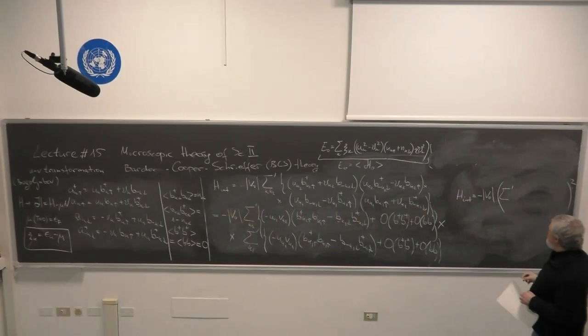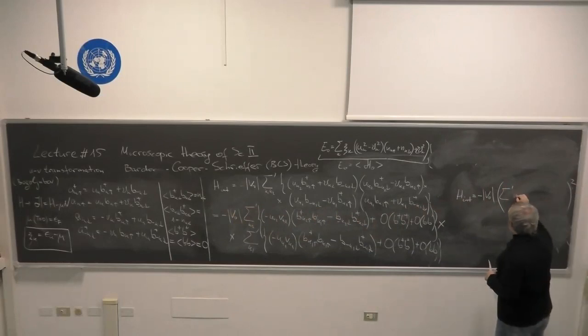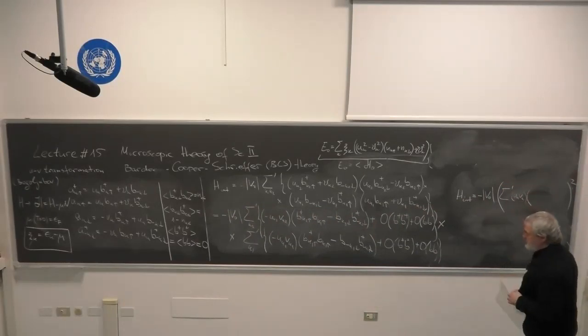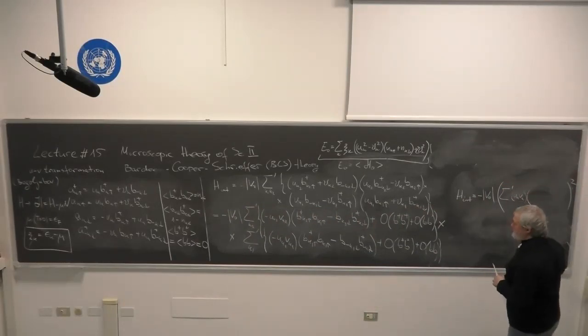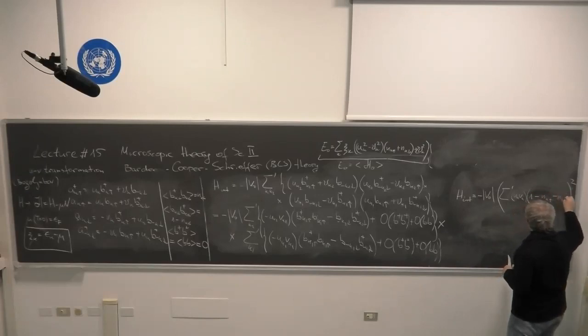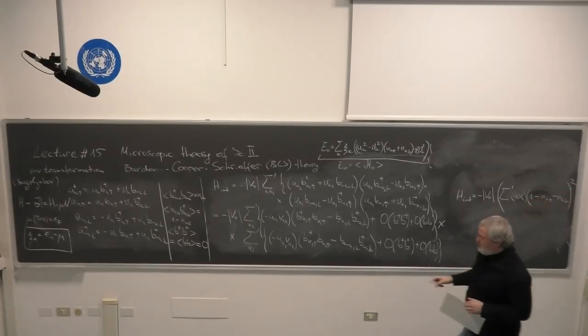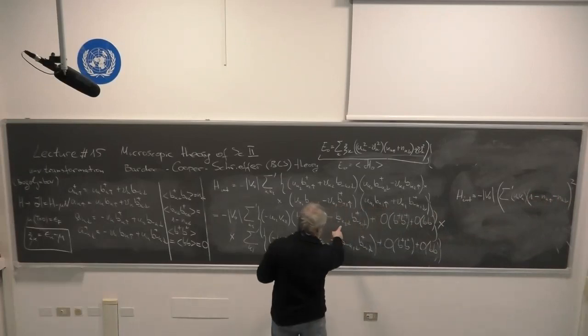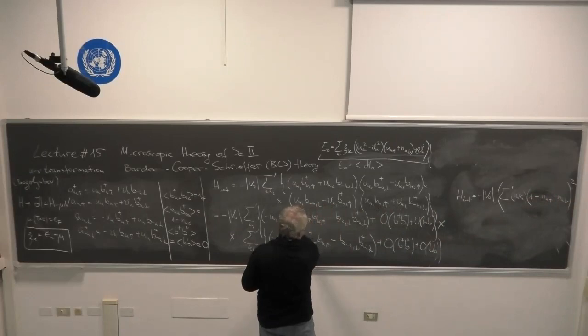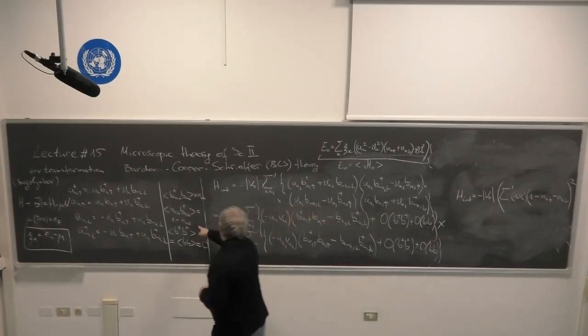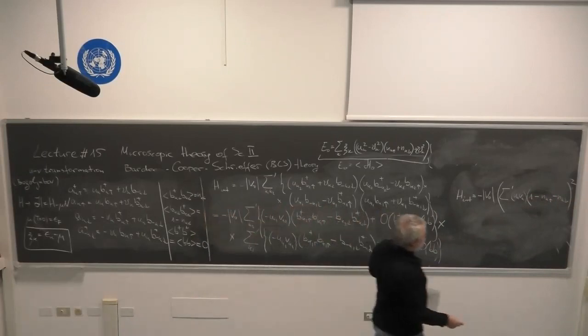What stays in the sum is UK VK times N times 1 minus NK up minus NK down. I incorporated this sign minus, and minus will give me plus.